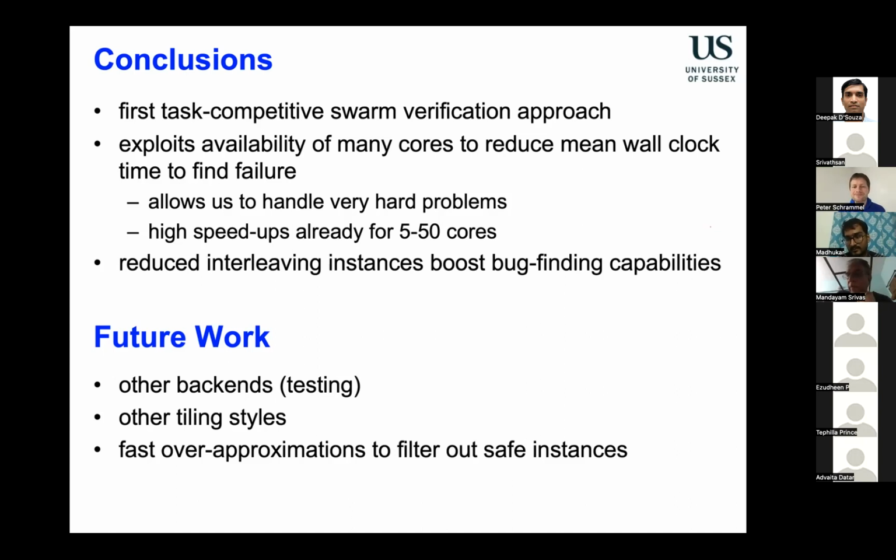Have a layer of IC3 on top of this? Yeah, possibly, don't know. But you don't need to bound anything, right? In principle, you could define a tile as a subset of the statements in each thread. You have to. But you still have the bounded context switches, no? That only works for the bound. The reason he's able to get that k/2 is because he's bounding the context switches.